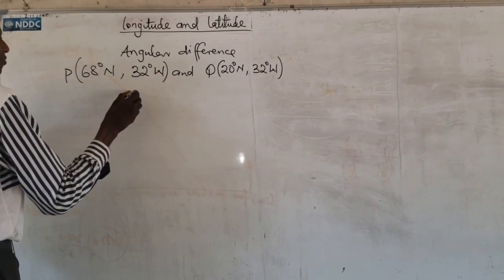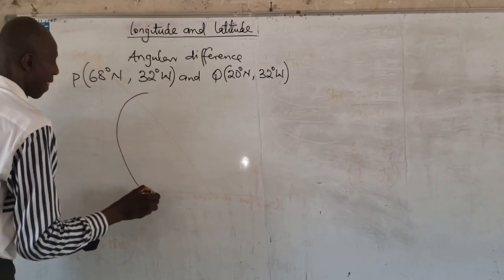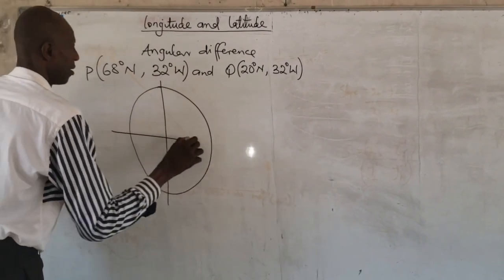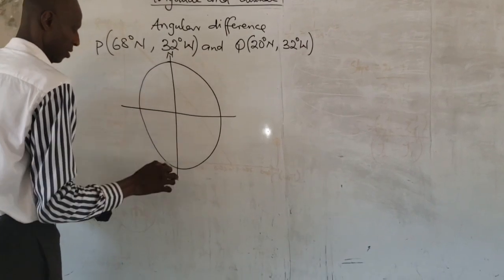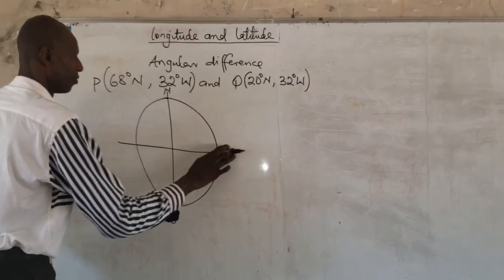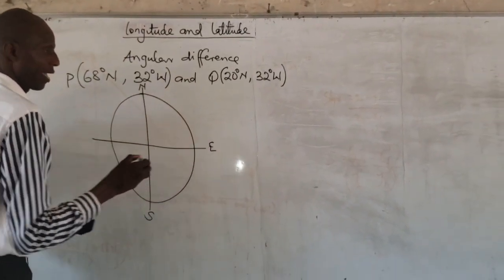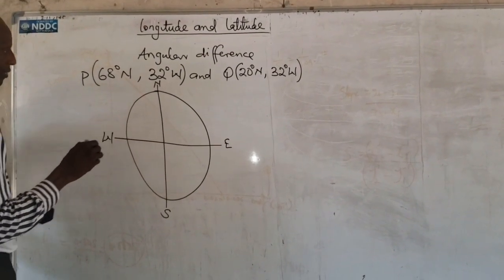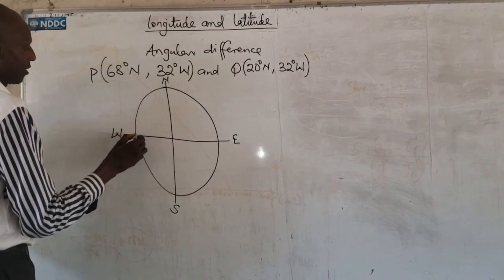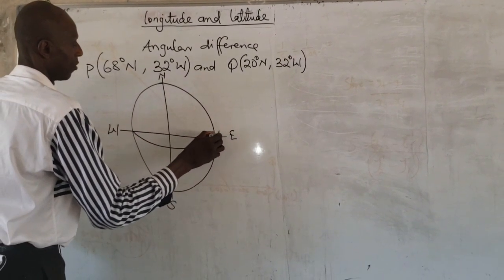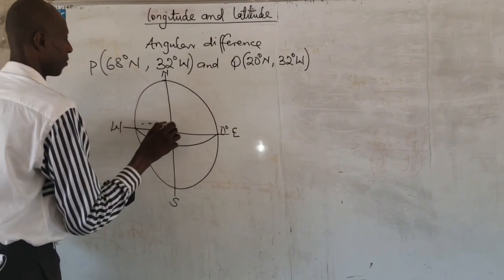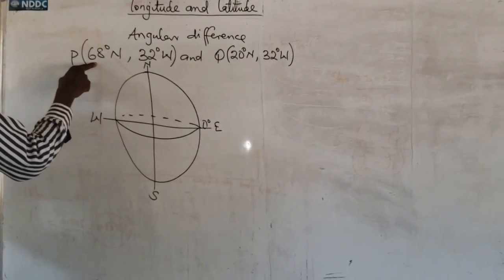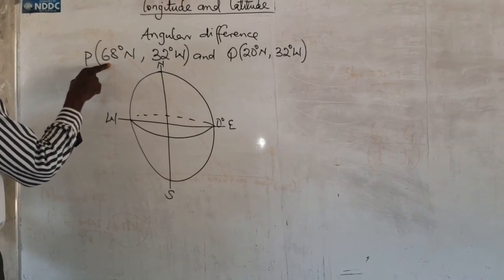So now, let us draw. Here is north. Here is south. Here is east. Here is west. And here is the equator. Now when you look at it, the latitude there is 68 degrees north.